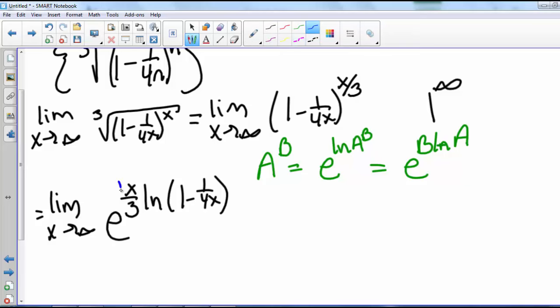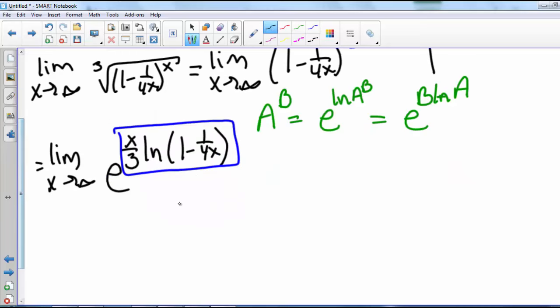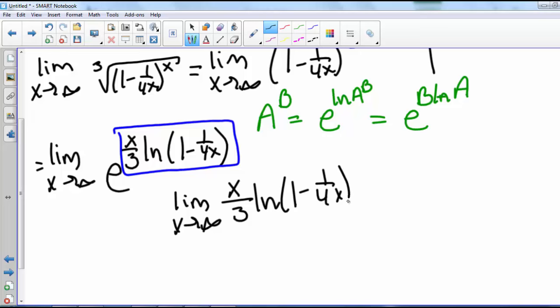So now we focus on the inside, x divided by 3 times the natural log of the quantity 1 minus 1 over 4x, and we're going to find the limit as x goes to infinity of x divided by 3 times natural log of 1 minus 1 over 4x.